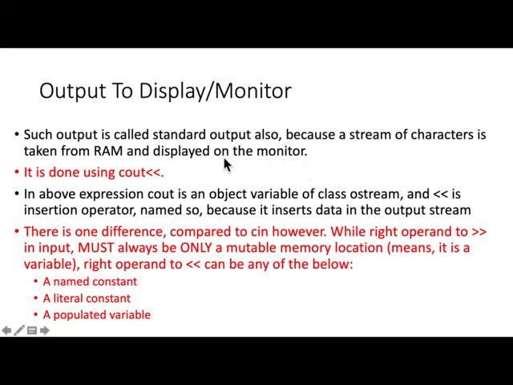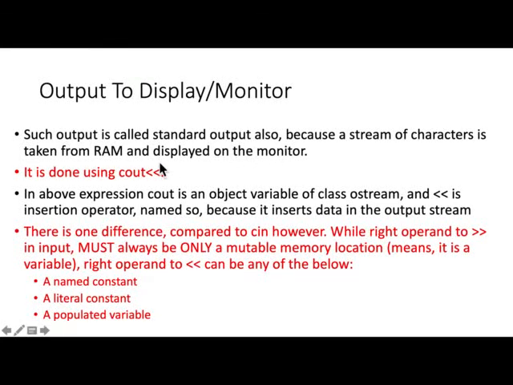Output to the monitor is done using cout and this less than symbol, no space. This is called the insertion operator because data is being inserted into an output stream which is eventually output on the display or the console.